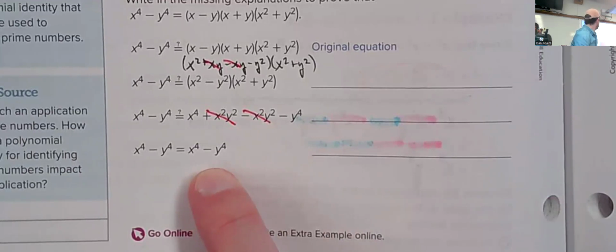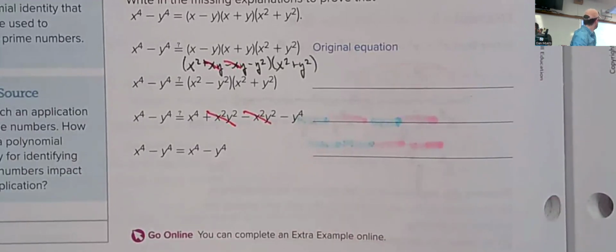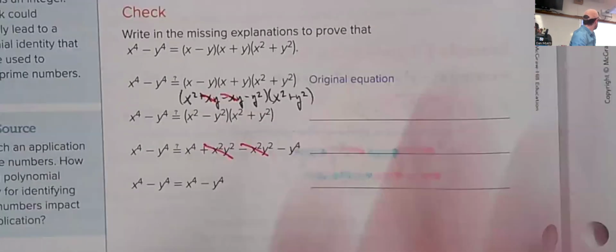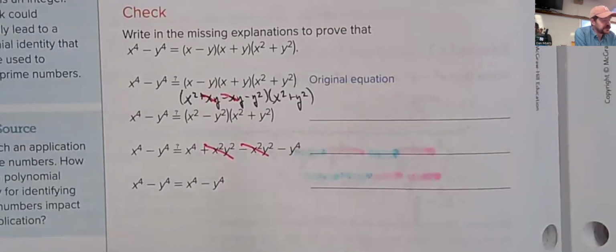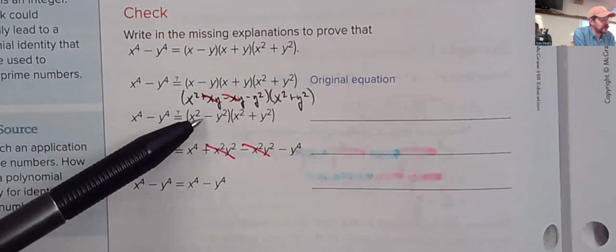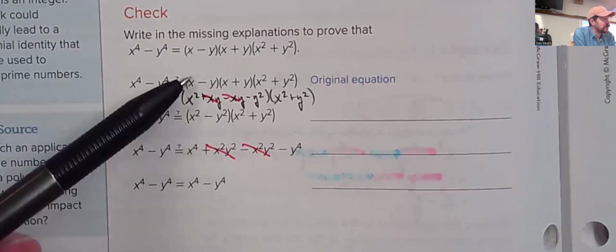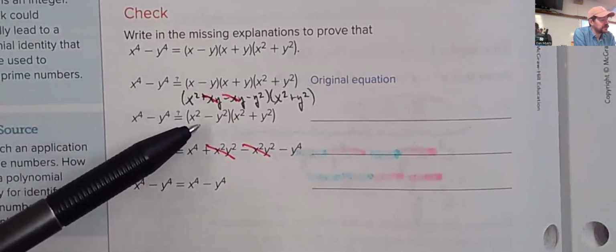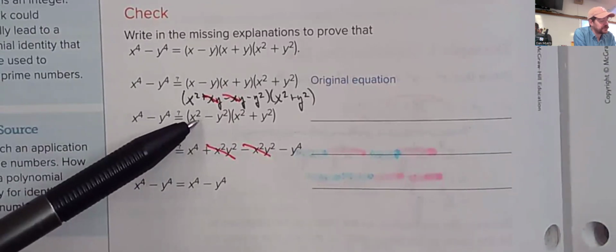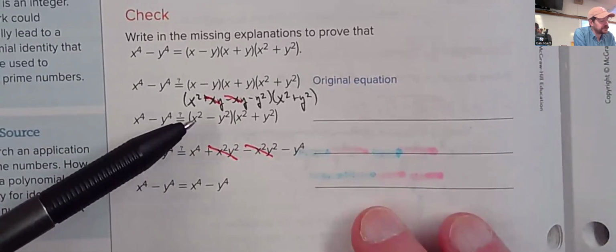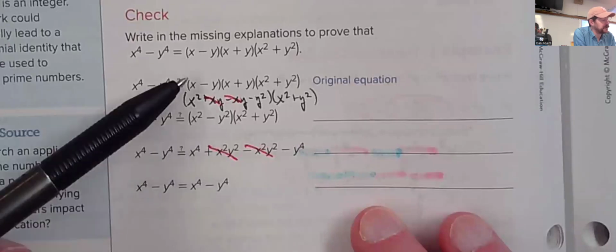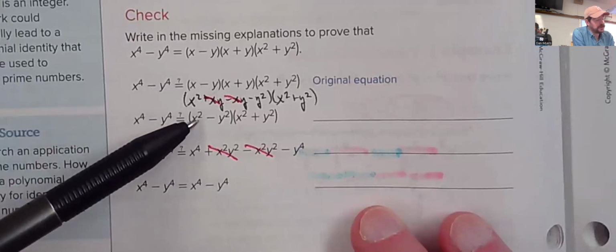And it says to write in the missing explanations. So from this step to this step, what did we do? From here to here, what did we do? FOIL, yeah.